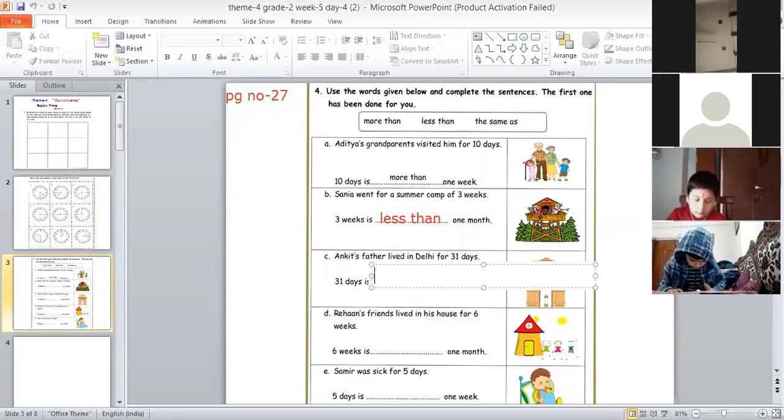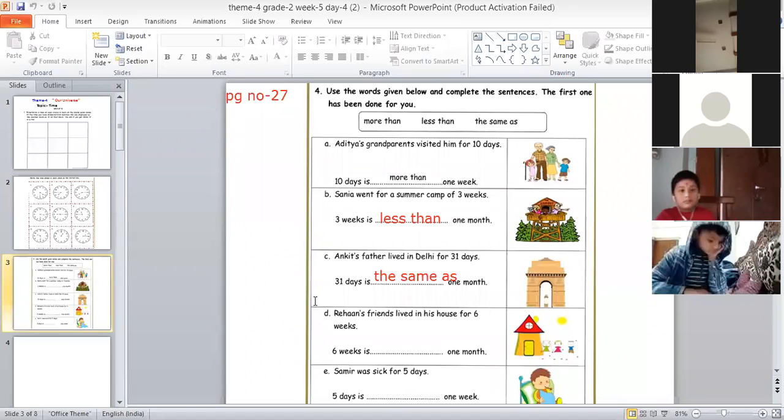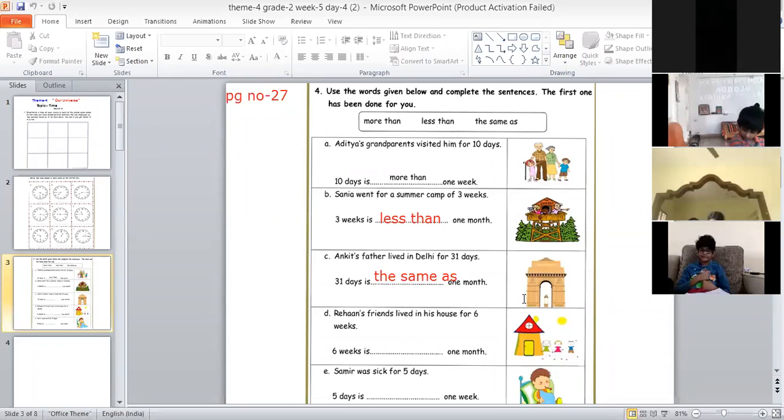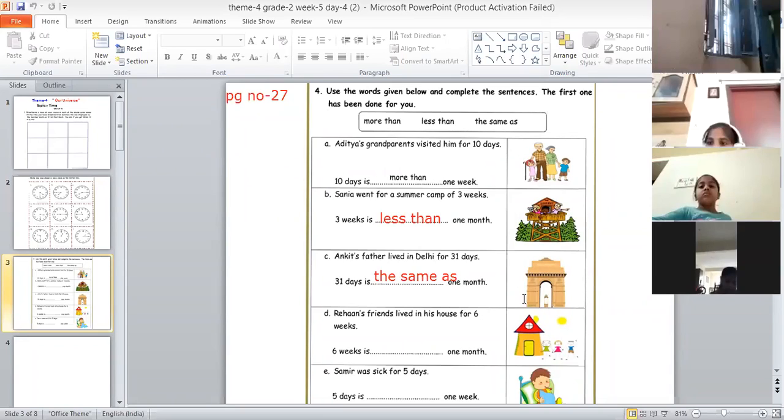Here we'll write the same as, because we don't know which month they are talking about, but we will not take it as the February month. So in the third bit, we'll write the same as.